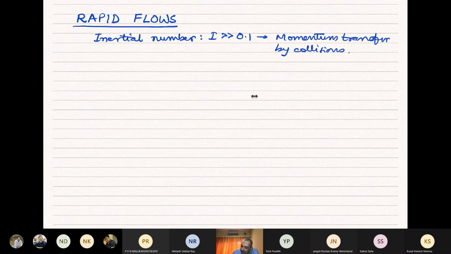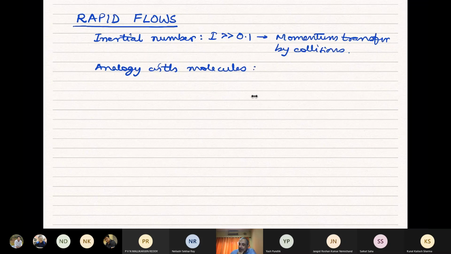So here we make an analogy with molecules. That is, you pretend that the particles are molecules, and so then you can use all the theories that people have developed for molecules and then use them to try and describe granular flow.